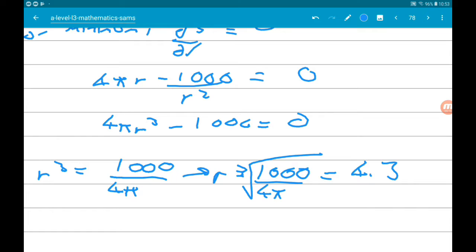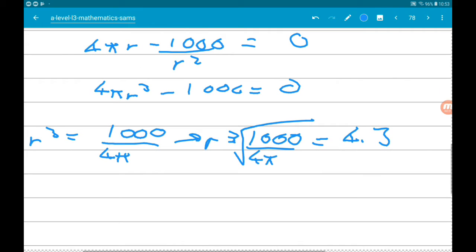So now that we know r, we can work out h. Remember that in part A, we used the volume, pi r squared h, was equal to 500. h then was equal to 500 over pi r squared. So 500 over pi times 4.3 squared.